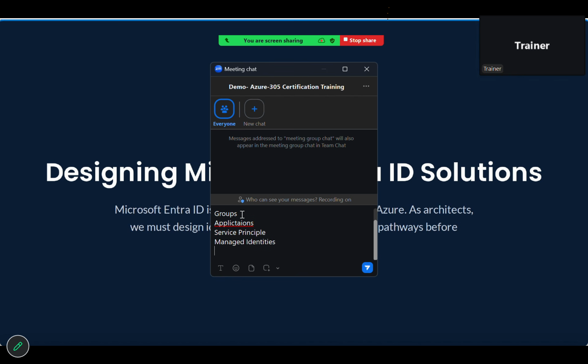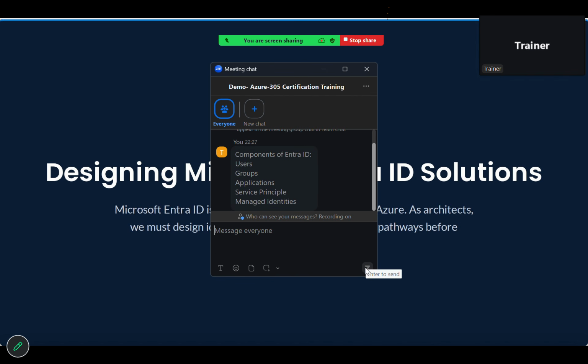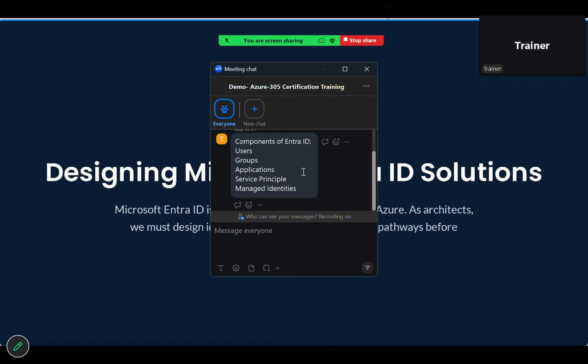So these are your components of Entra ID. Now we can go one by one.